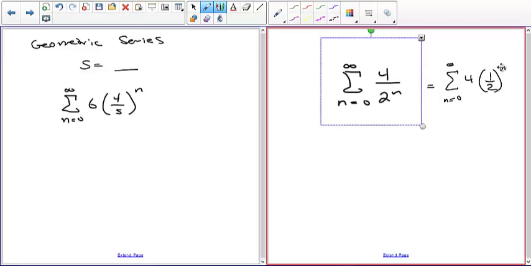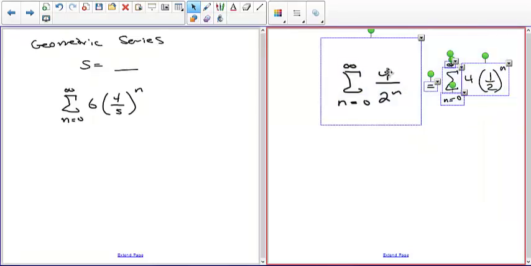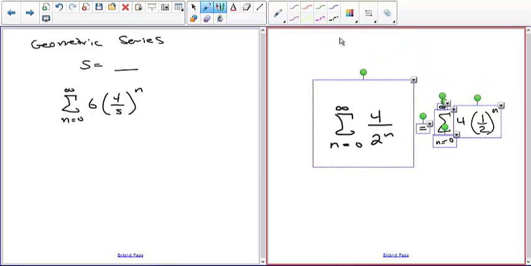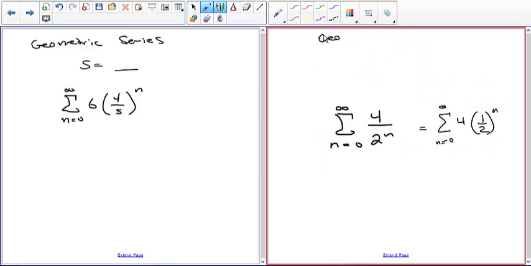Sometimes when they just have some number raised to the n power in the denominator, you always have 1 raised to the n power in the numerator. So once you've done that conversion, you can see that it's a geometric series. So use the geometric series test, and you can also find out what the sum is. Same way here. Okay, so you can use your sheet to figure that one out. Okay, next one.